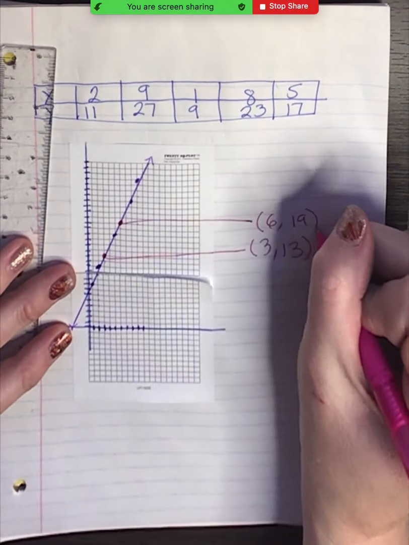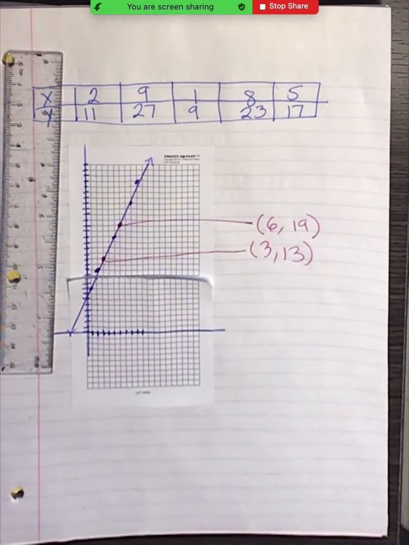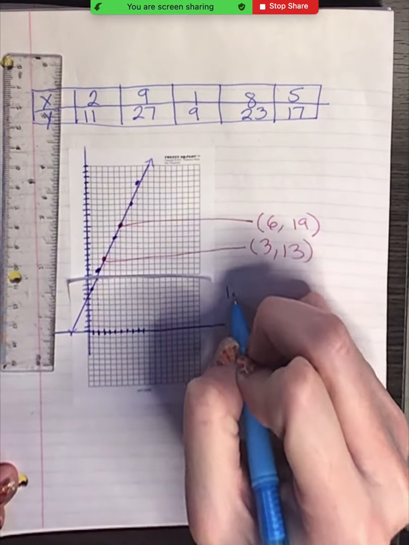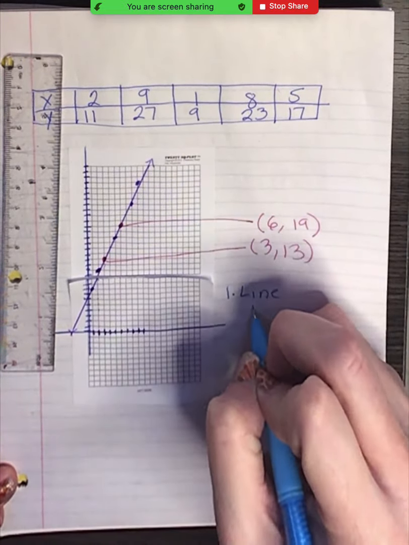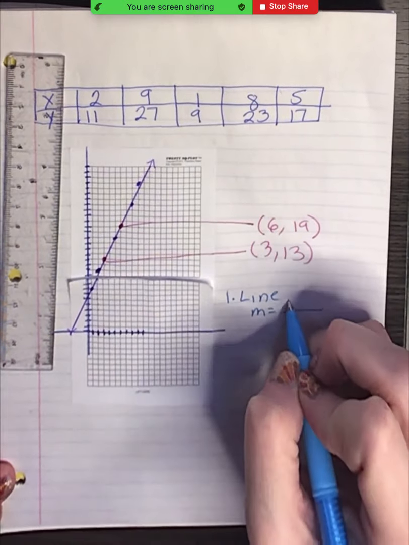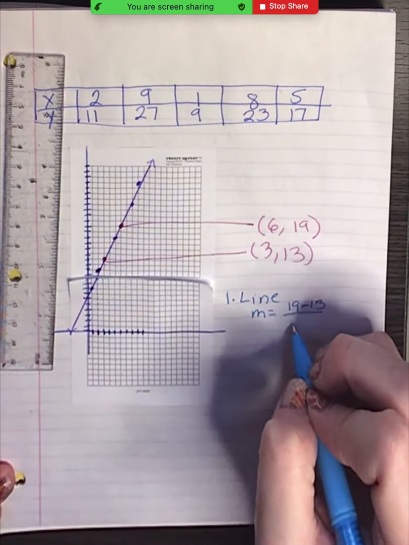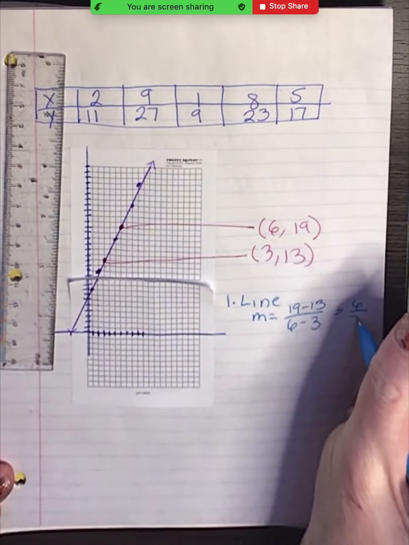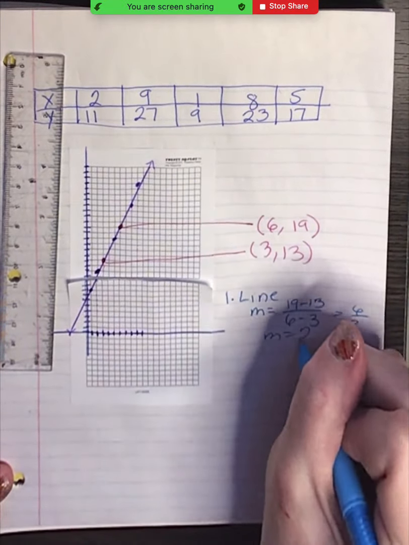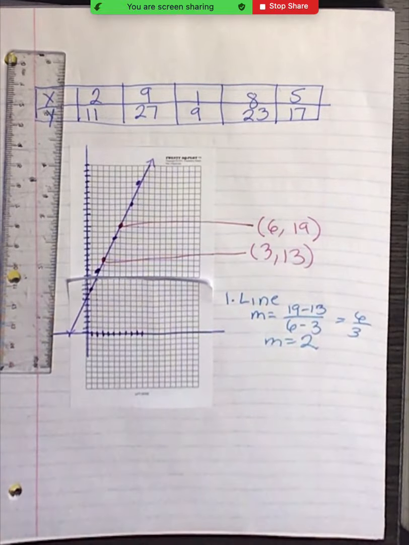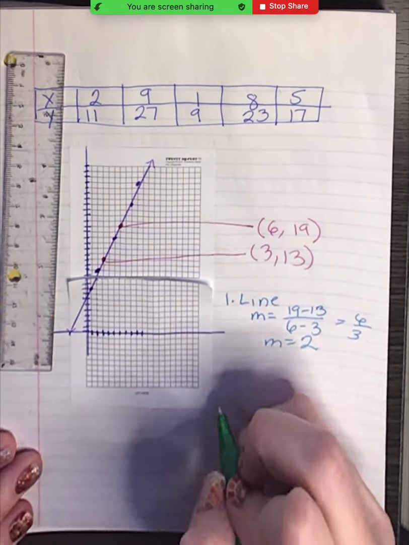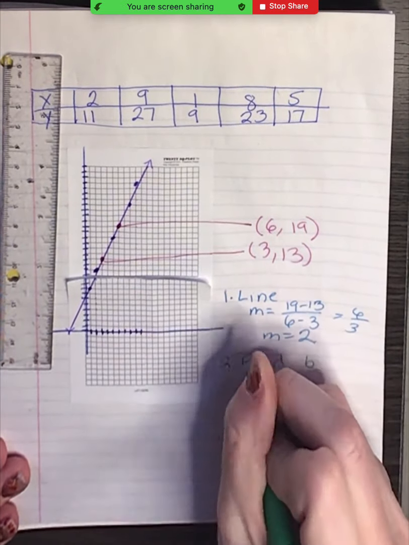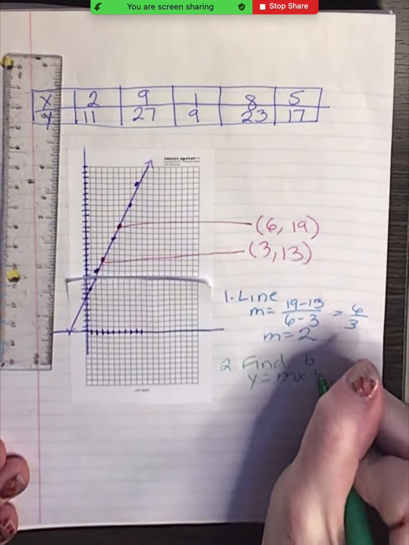Okay, so from there, you're going to write the equation of a line like we have in the past. You're going to start with the slope. It's rise over run, so change in y over change in x. And I get that the slope is 2. Then you have to find b. So y equals mx plus b.